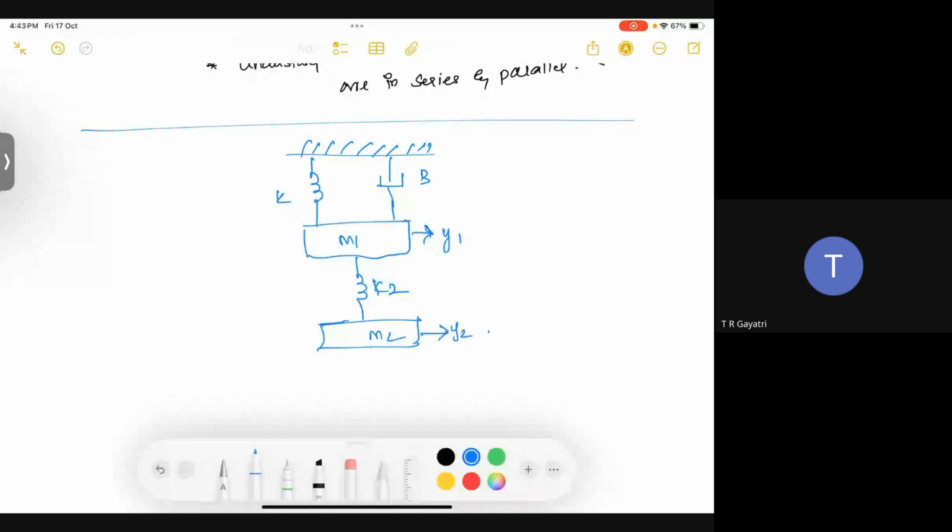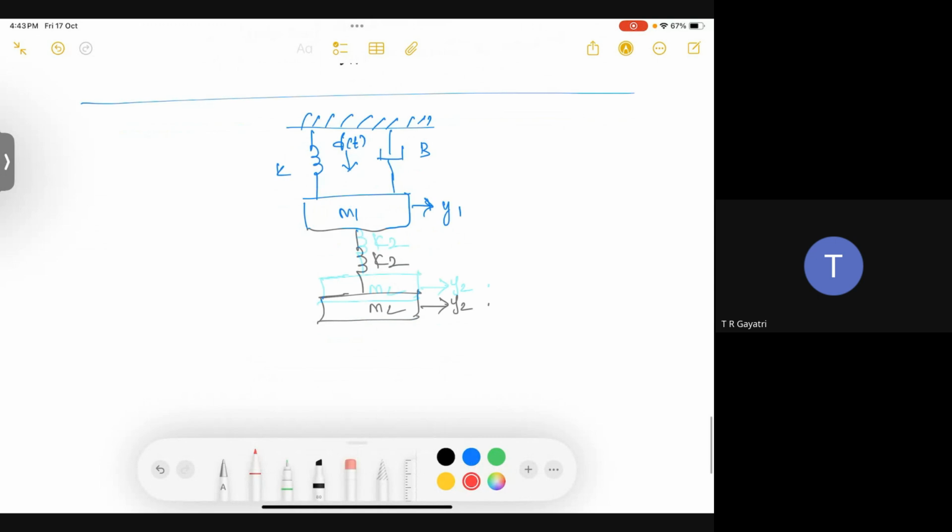We want to find the transfer function of the system where the force is acting on mass 1. Whenever you write the equation for mass 1, you have to equate it to F. There is no other force, so just consider F.